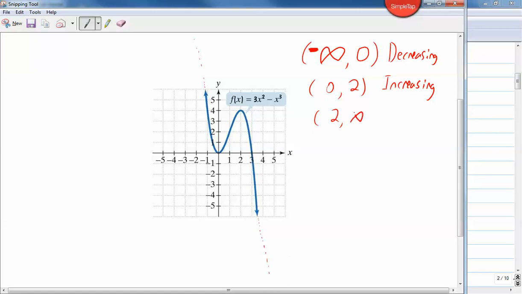So that's 2 to infinity. I'm decreasing again. So that's another reason why it's important that you write this down if you can, if you have the time, because what if my question would have been on which intervals is the function decreasing? Well, I would need to know both of those. So either you have to come over here and just figure out those, or you write them all down and then you just look and see which ones were decreasing and you got your answers. So you'd have 2 answers on this one.